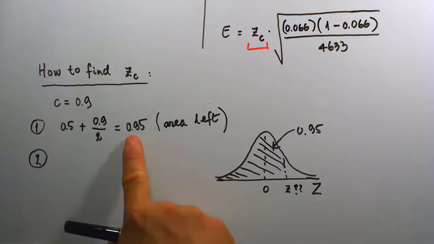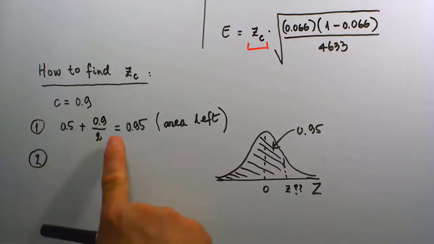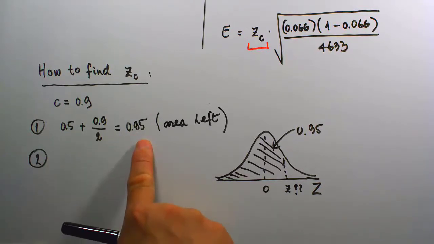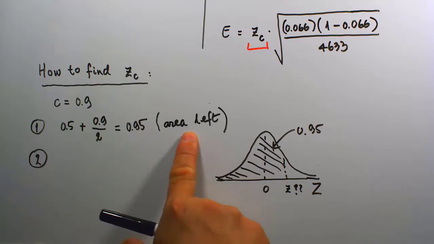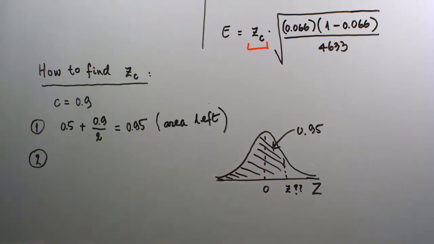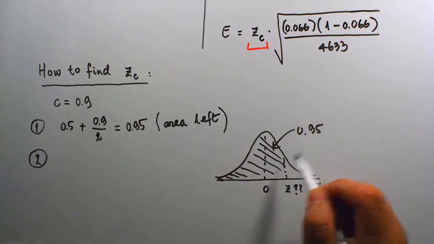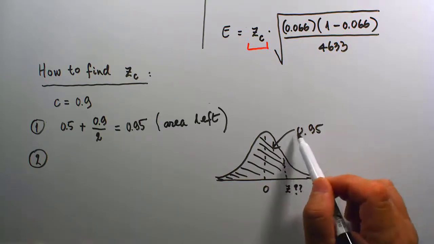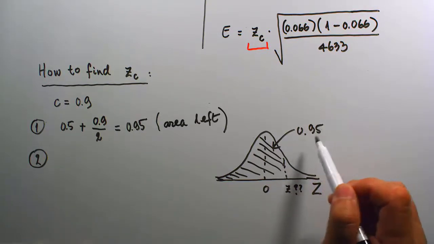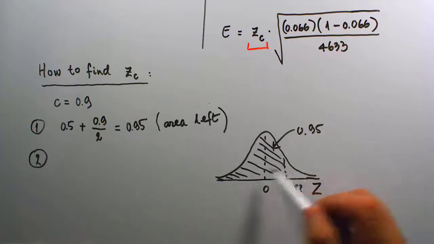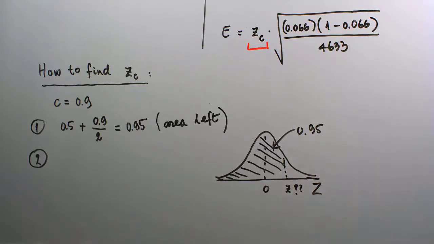So that's why this value coming out from 0.5 plus 0.9/2 equals 0.95 is being referred to as area left, because once we've had that amount, then we are going to look for, hey, if this 0.95 is being regarded as an area to the left of a z-score, then what z-score is it?